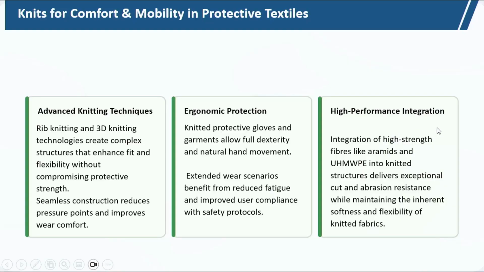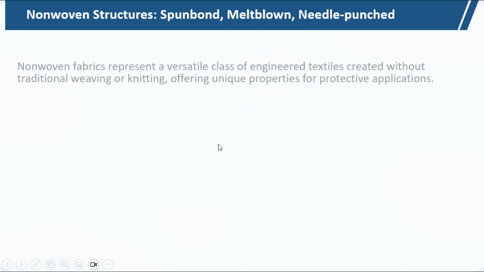High performance integration: if we use high strength, high performance fiber in the knitted structure, that will provide protective textiles like protective gloves. Non-woven structures are also widely used for protective textiles, in different types like antibacterial protection and PPE medical applications.